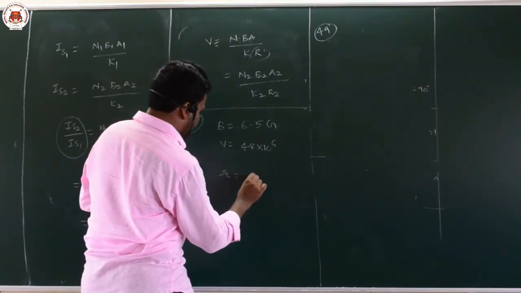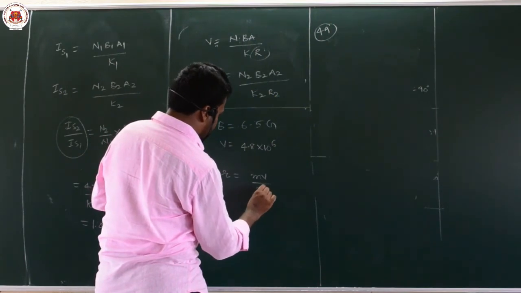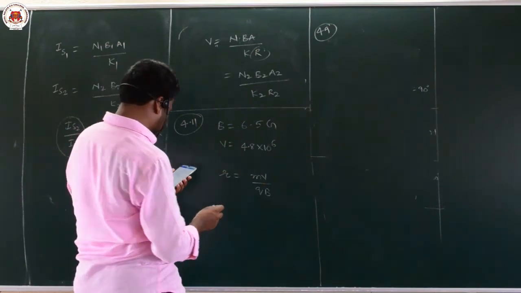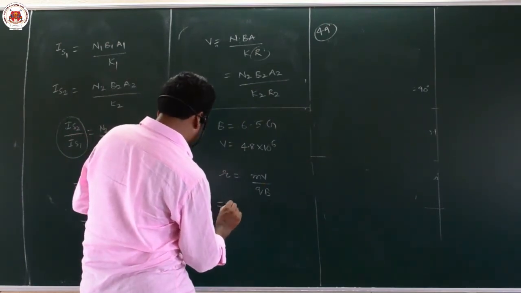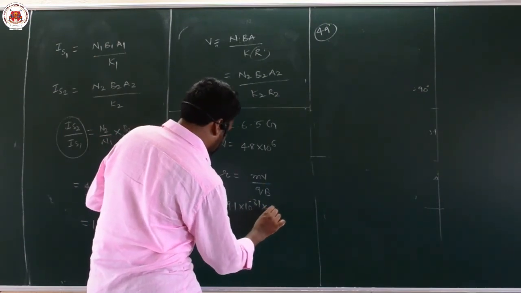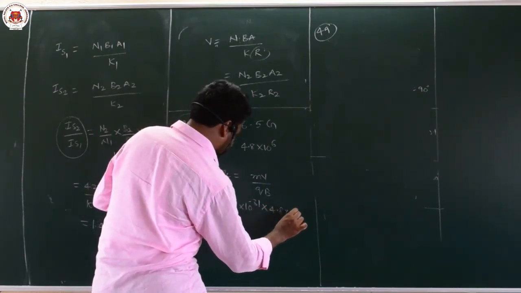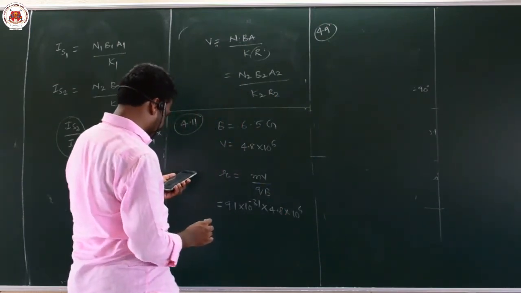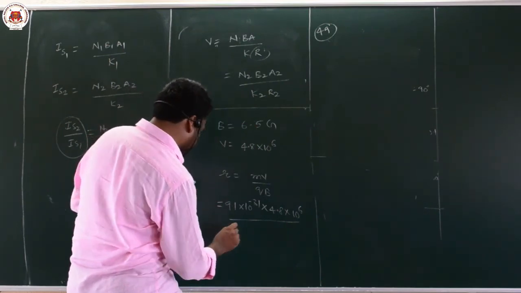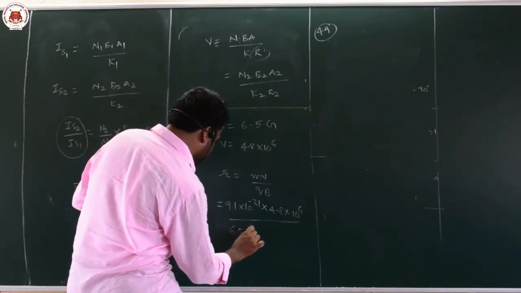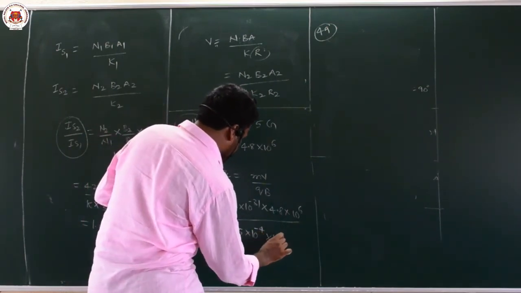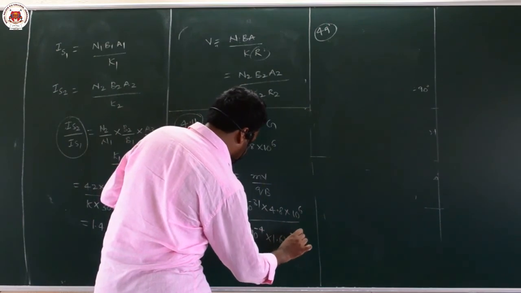R is equal to mv by qB. This is the formula. Radius is equal to mv by qB, that is equal to 9.1 into 10 power minus 31 into 4.8 into 10 power 6 divided by 6.5 Gauss. 1 Gauss is equal to 10 power minus 4 Tesla, so 6.5 into 10 power minus 4 into 1.6 into 10 to the power of minus 19.